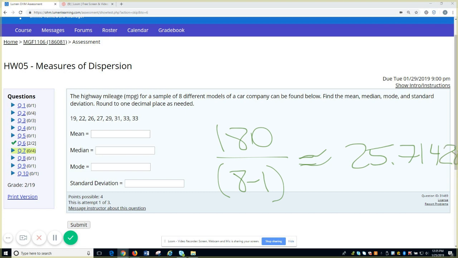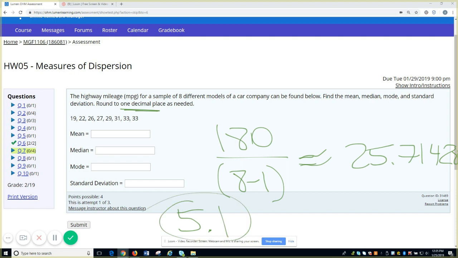Now I can take the square root of 180 divided by 7. All right, so my final answer, rounded to one decimal place, is 5.1.